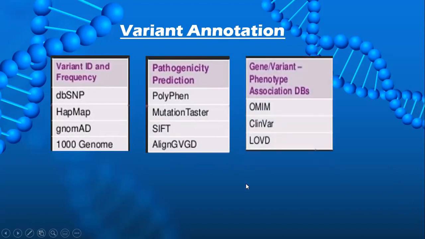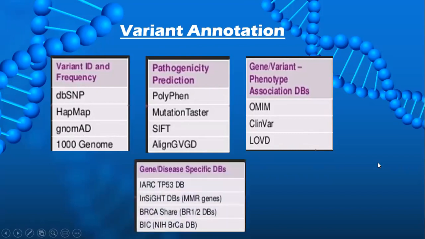Also, to find out the gene variants and their associated phenotypes, databases like OMIM, ClinVar, and LOVD can be used. And to determine the variant in the gene and its associated disease, we can use these databases: BRCA Share, BIC, and IARC TP53.